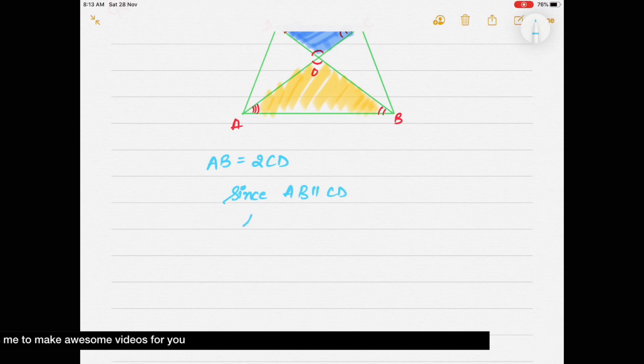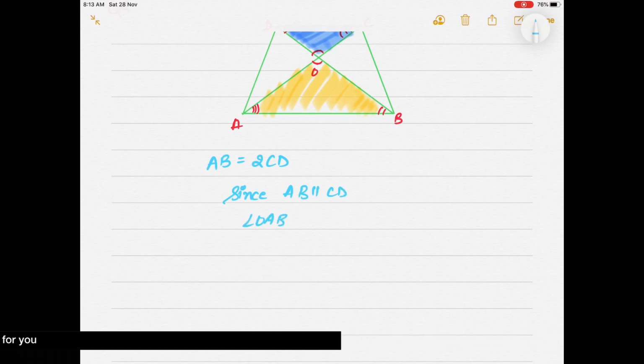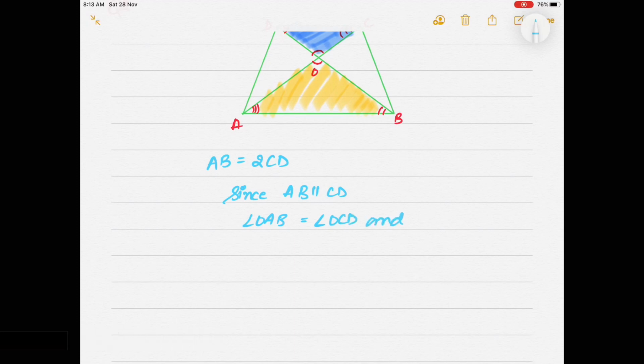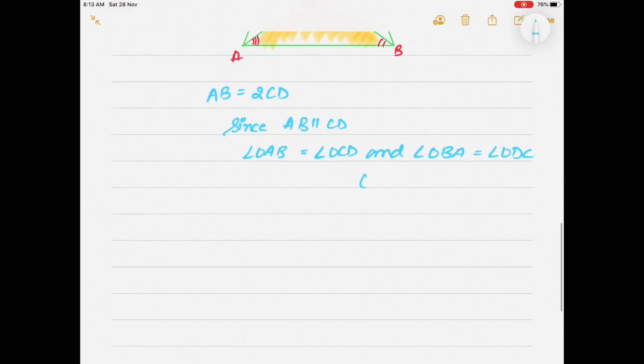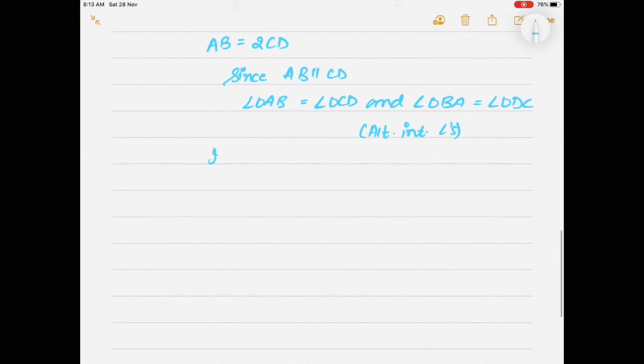Since AB is parallel to CD, angle OAB will be equal to angle OCD, and angle OBA will be equal to angle ODC, as these are alternate interior angles.